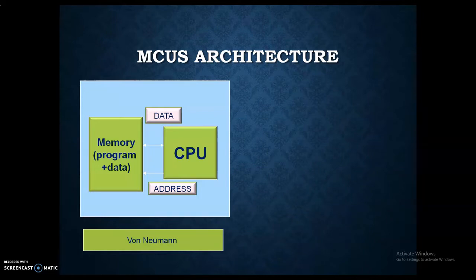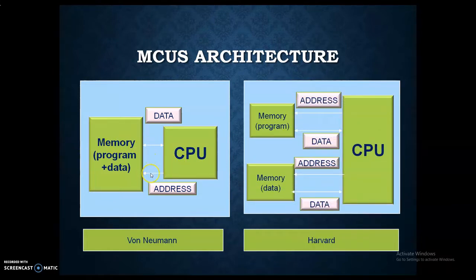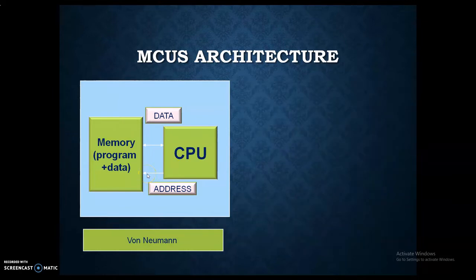So this is the pictorial representation where the memory for program, that is program memory, and data memory are common. So if a CPU needs to read the program memory, then the data bus and the address bus are common.